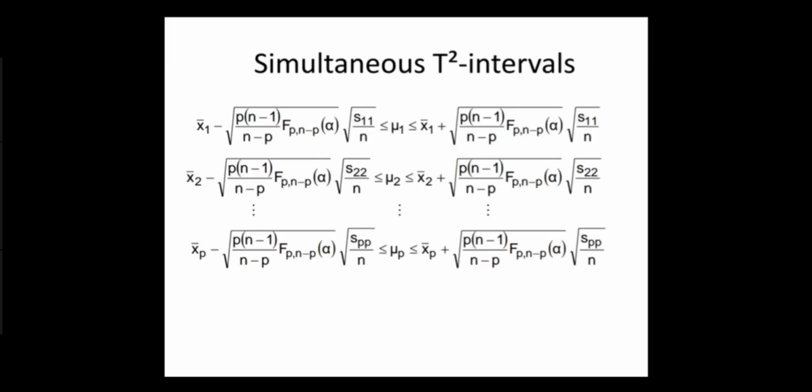Okay, next we proceed with the simultaneous T-square intervals. This is the way how you find the confidence interval for a multivariate population. Okay, so as I briefed you in the previous lecture, we also can make the conclusion about the plausible value of the mean vector using the confidence interval.